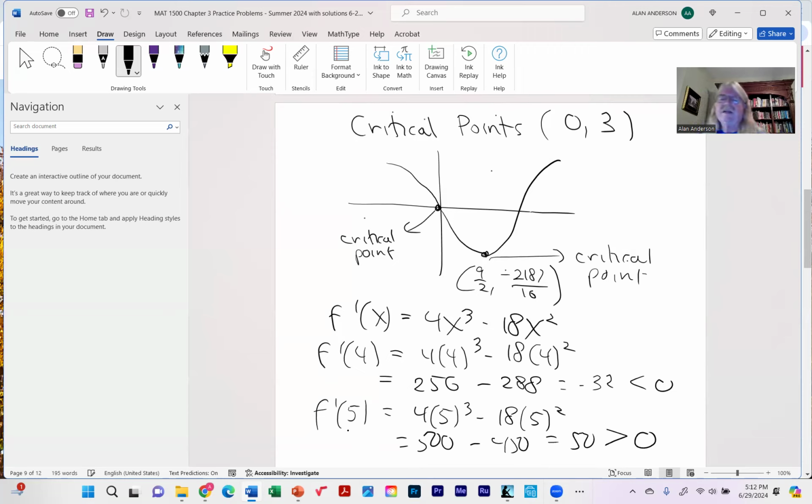Okay, so just as we expected, the sign of the first derivative went from negative to 0 to positive.